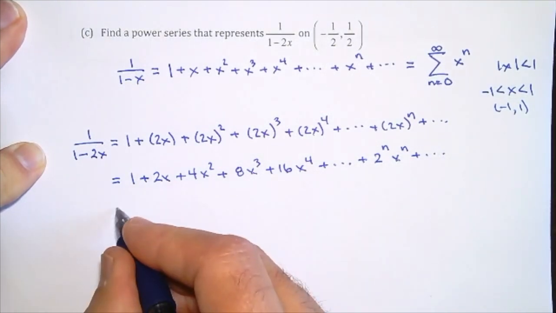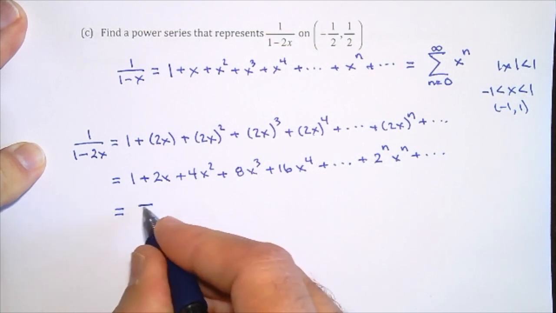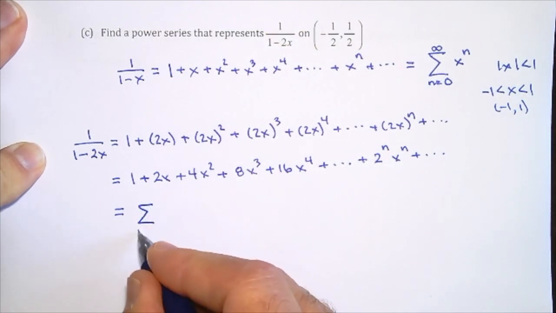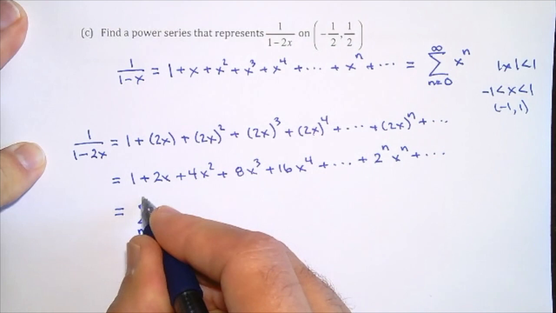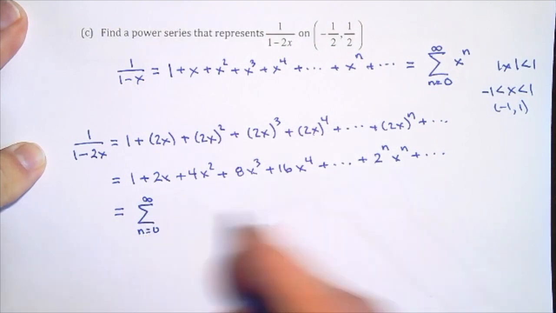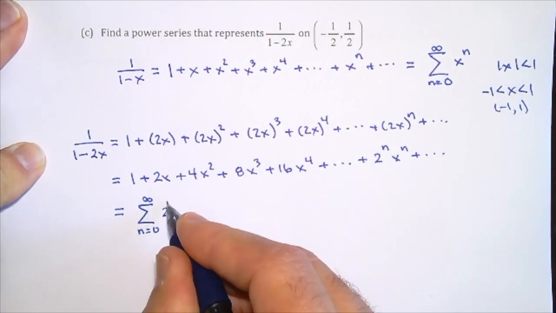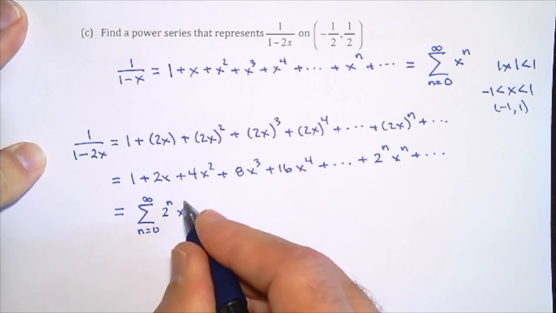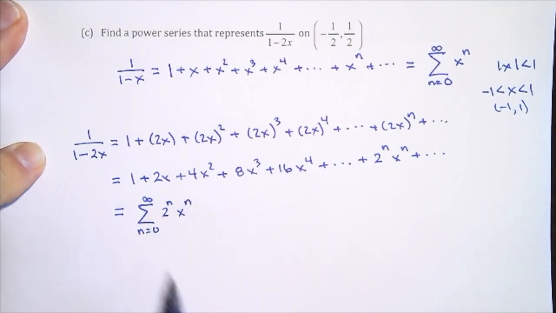And writing this in sigma notation, this would be equivalent to sigma n equals 0 to infinity of our nth term here, which would be 2 to the n power x to the n power.